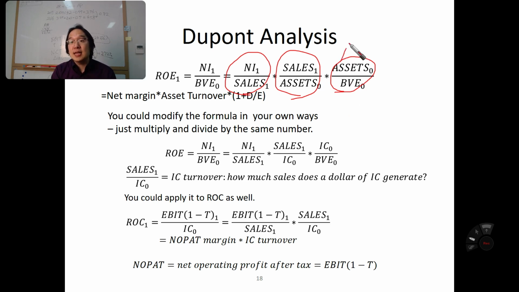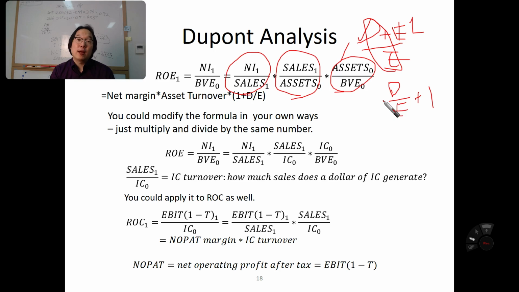Because assets are debt plus equity, and this is equity, so this will be 1, and this will remain. So debt over equity plus 1, just book value based. This essentially tells us about the financial leverage anyway. So leverage, and then the margin, and then the turnover, right?